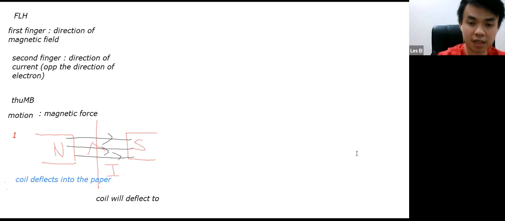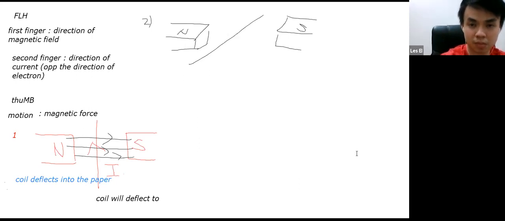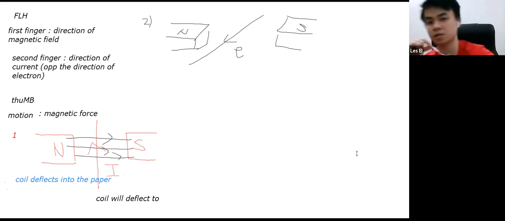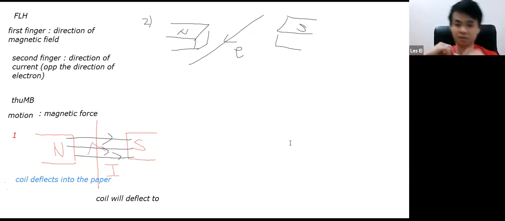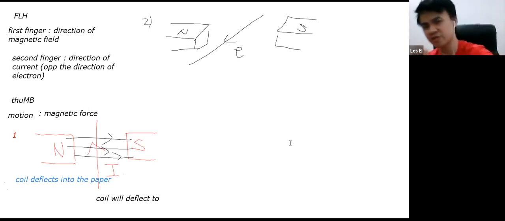Let's say another case. Use an electron. If the electron is flowing out of the screen, where will the current flow to? Into the screen. Use your Fleming's left hand.